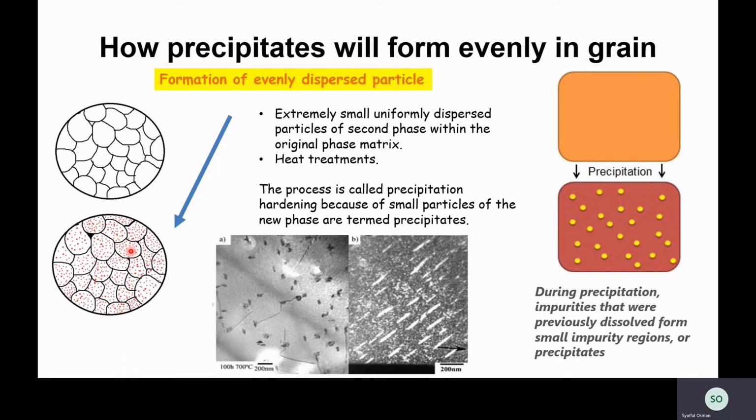The process is called precipitation hardening because small particles of the new phase precipitate, as what we can see in the cartoon here, and in the actual picture of precipitate in metal.